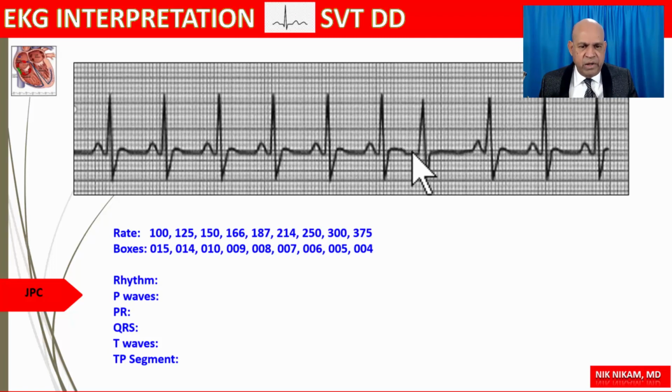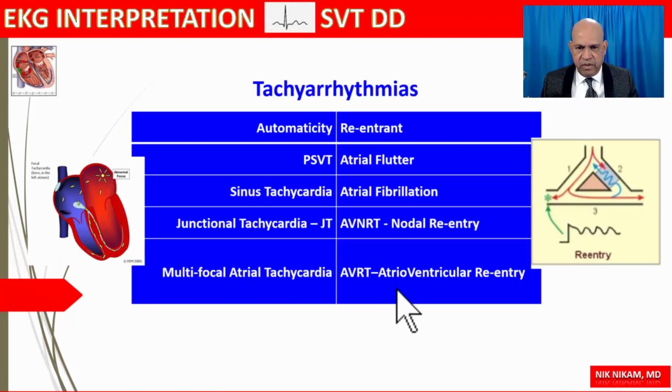Since we don't see a P wave, since this is a premature beat, most likely this is a premature junctional beat with some kind of ventricular aberration because the QRS interval is almost 120 milliseconds. Let's move on to the next one.